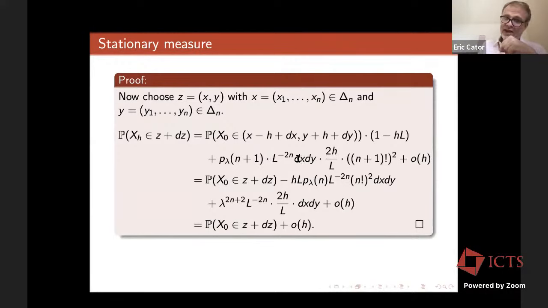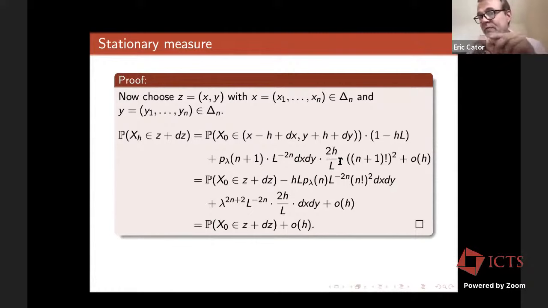So what you end up with then is dx1 over L, dx2 over L, dy1 over L, dy2 over L, etc., which is this factor here. And then the last two particles, well, one can be wherever, and the other one has to be within range 2h. So you get this factor 2h over L.